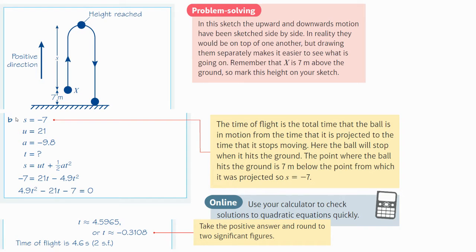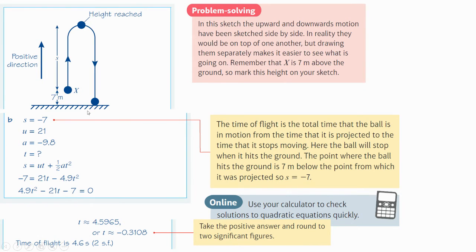If you didn't spot that, what else could you do? We could still do it in a couple of steps, which might be not as sophisticated, but would be a bit easier and get us the answer. So what you could do is you could think, how long does it take me to get from X up to the top? And then separate journey, how long does it take to get from the top to the bottom?